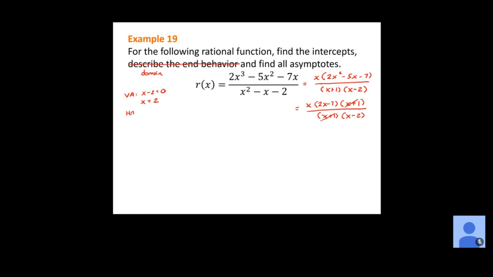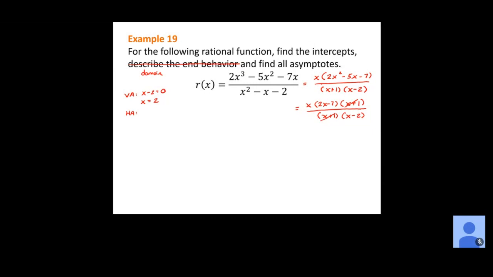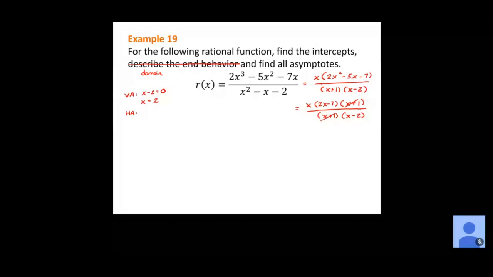Let's go there. So how do we check for horizontal, or what do we look at to determine horizontal asymptotes?